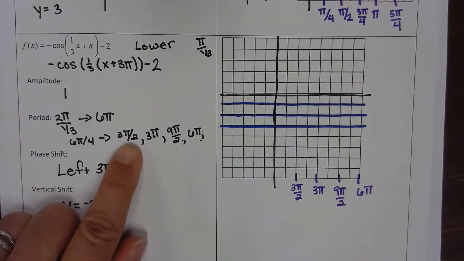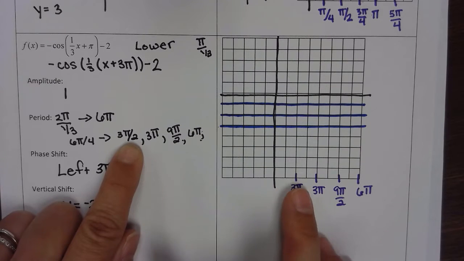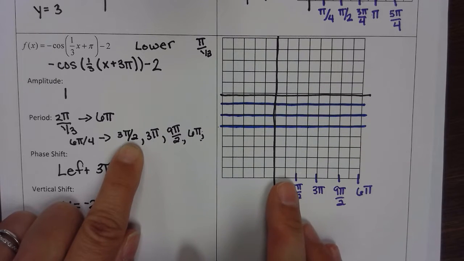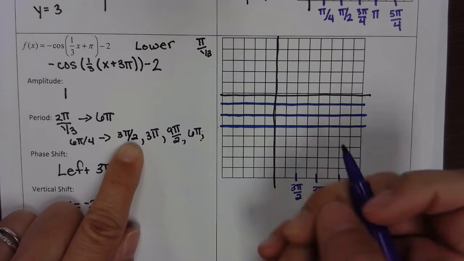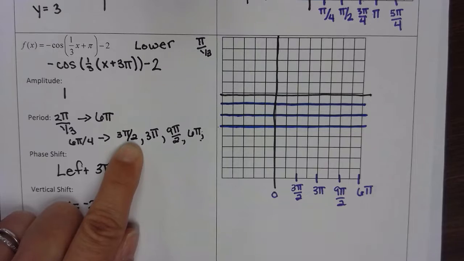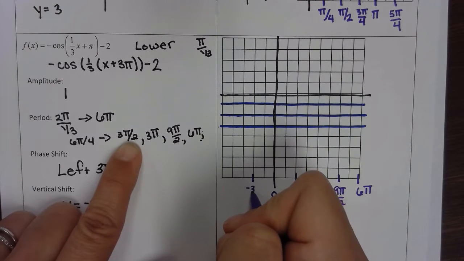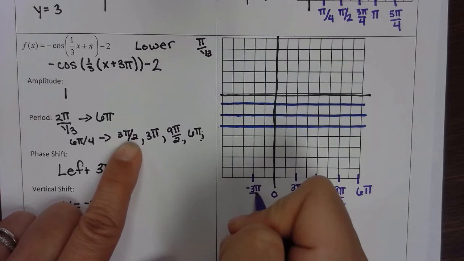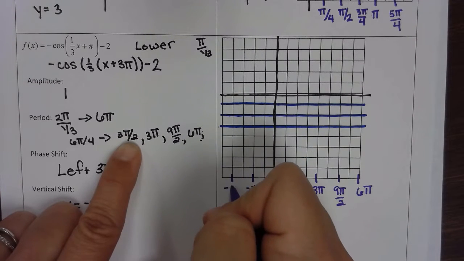Now we're going to the left, guys, so I'm going to continue these intervals to the left. Just make sure they're negative because we're going to the left of 0. So here is 0, right? Then we have -3 pi over 2 and -3 pi.